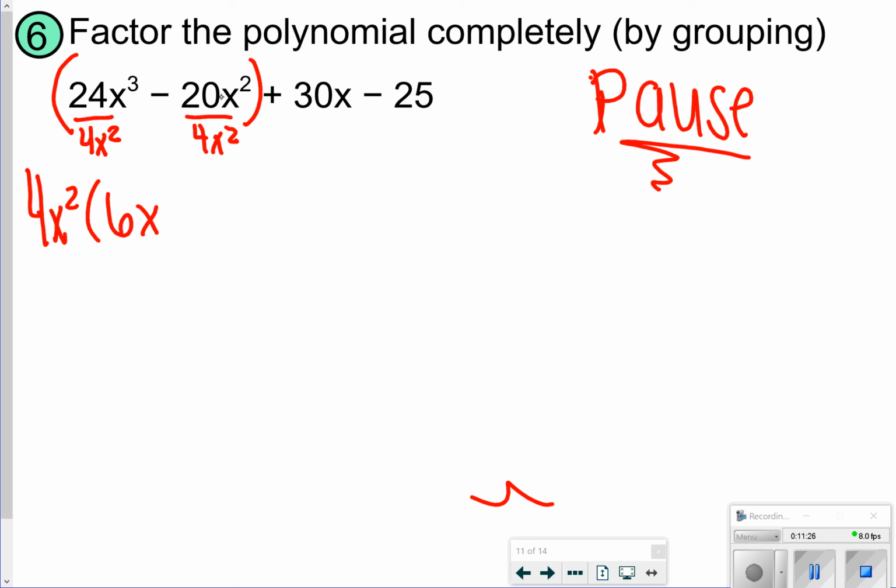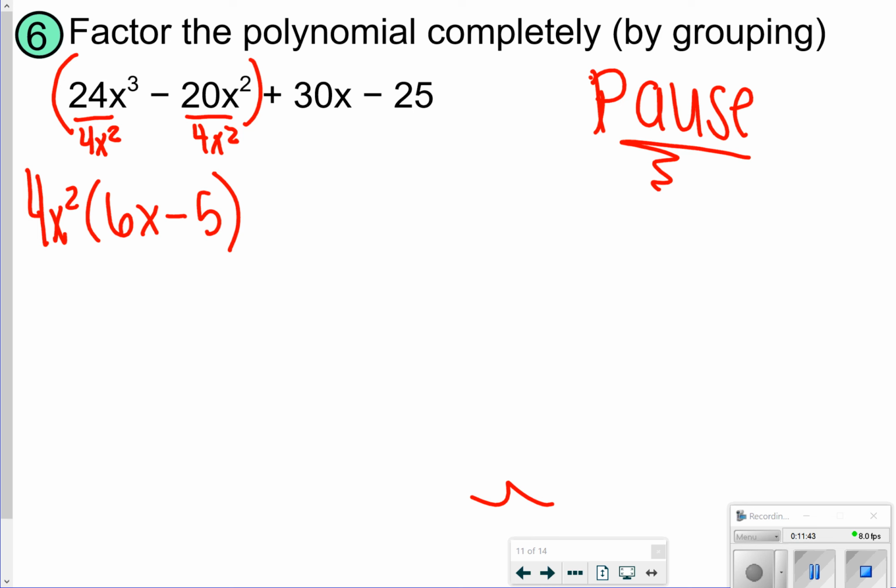Negative 20x squared divided by 4x squared. Negative 20 divided by 4 is negative 5, and x squared divided by x squared just cancels out. So my first binomial is 6x minus 5, which means I should also get that same binomial if I factor out correctly for the second one.